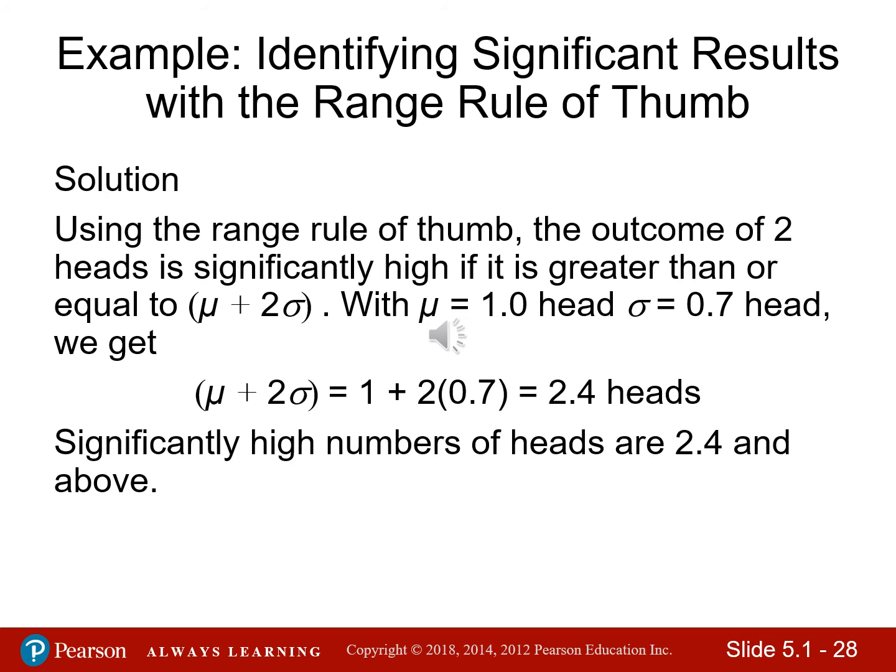When we plug those numbers into our equation, we get mu plus 2 sigma equal to 1 plus 2 times 0.7. This gives us 2.4 heads. So a significantly high number of heads would be 2.4 heads or above.